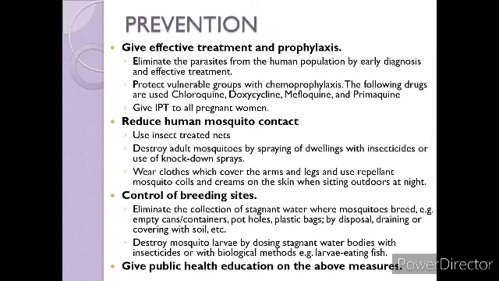Then protect vulnerable groups with chemotherapy, following drugs that are used like chloroquine, which we can give mostly in sickle cell patients, and these sickle cell patients can also be given IPT. Then doxycycline, we have mefloquine, which is given mostly in the non-immune visitors, the tourists.